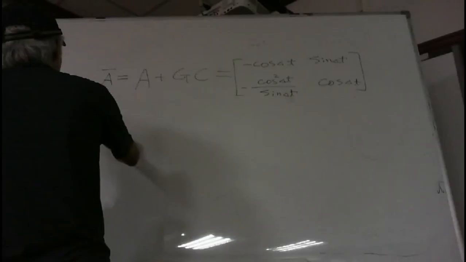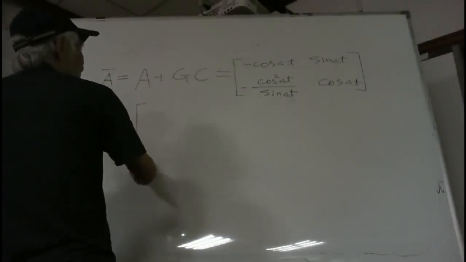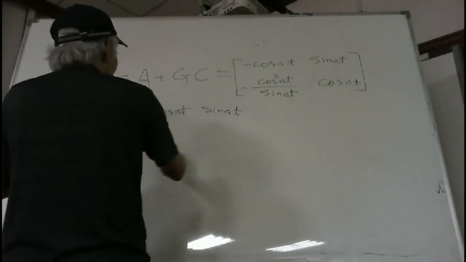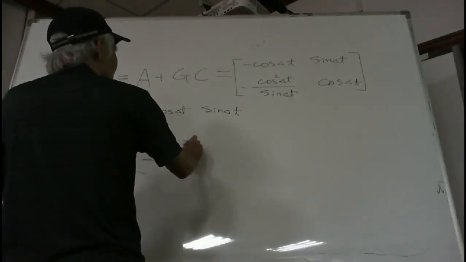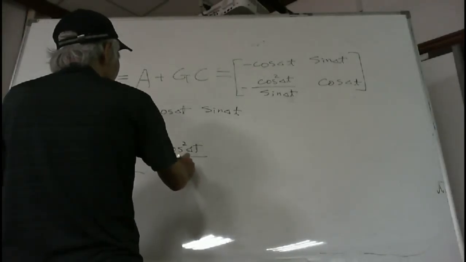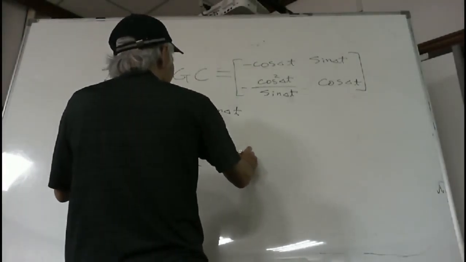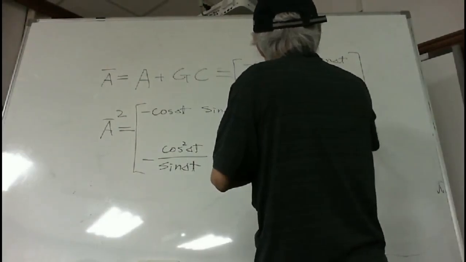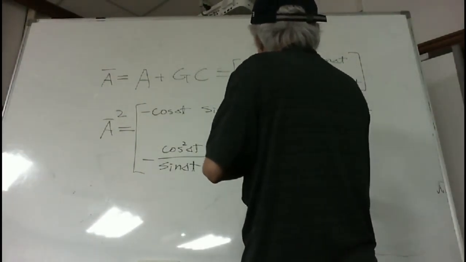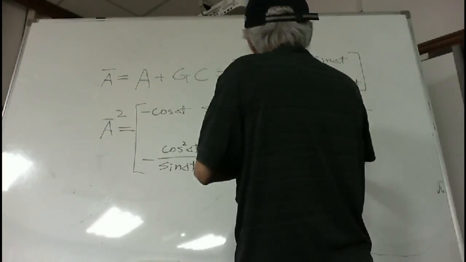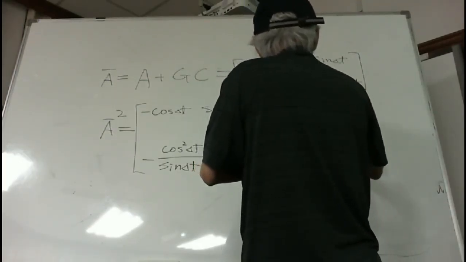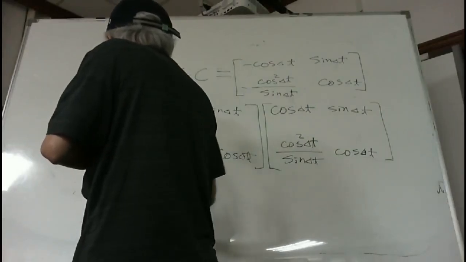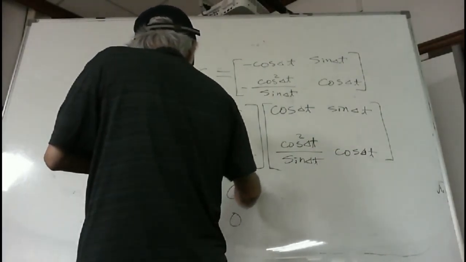Now A bar square equal to minus cosine theta t, sine theta t, minus cosine square theta t divided by sine theta t, and then cosine theta t, and then I multiply it by itself: cosine theta t, sine theta t, and then cosine square theta t divided by sine theta t, cosine theta t. Now I claim this equals 0, 0, 0, 0.